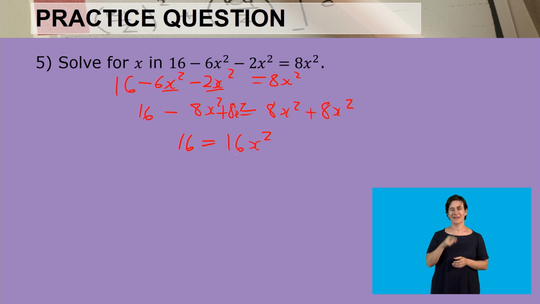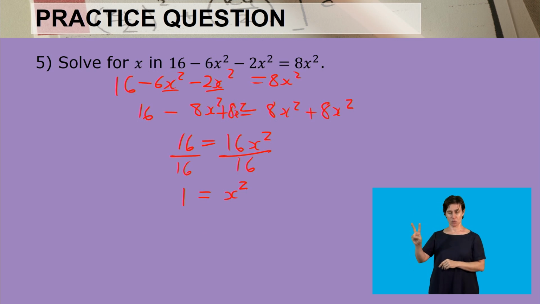The multiplicative inverse of 16 is 1/16, so we divide by 16 on the right and on the left. 16 divided by 16 is 1, and on the right 16 divided by 16 is 1 multiplied by x squared, which is x squared.